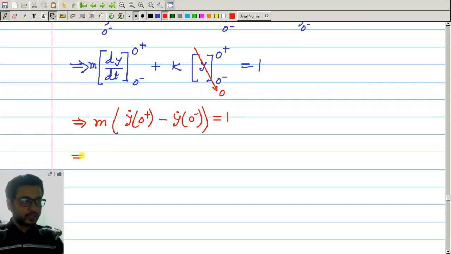From this you can write y dot(0+) is equal to 1 over m plus y dot(0-).